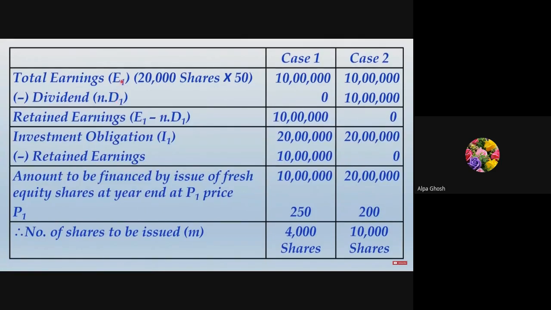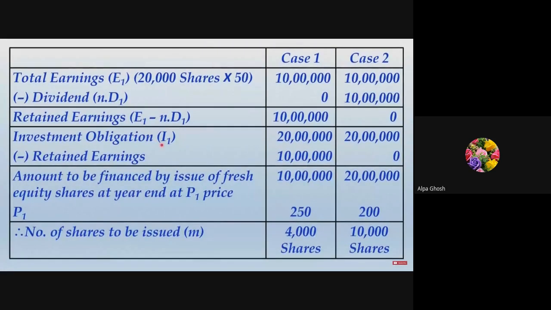E1 is total earnings and N into D1 is total dividend. So E1 minus N into D1, something we have computed here, will indicate retained earnings. Thereafter, from I1 we have subtracted retained earnings, that is, E1 minus N into D1.